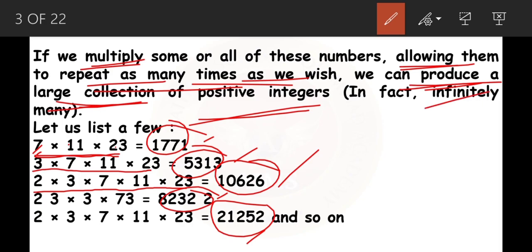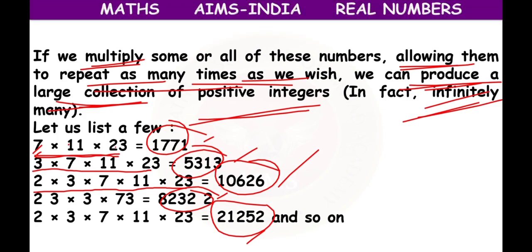In fact, we can say infinitely many. So a natural number can be written as a product of prime numbers, and a product of prime numbers results in a natural number.